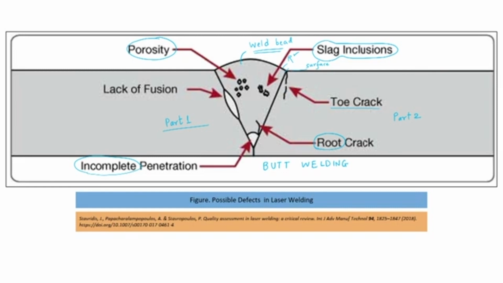A lot of research is being done in universities across the world, with many MS, MTech and PhD projects carried out to find the defects, analyze their causes and mitigate them during laser welding.